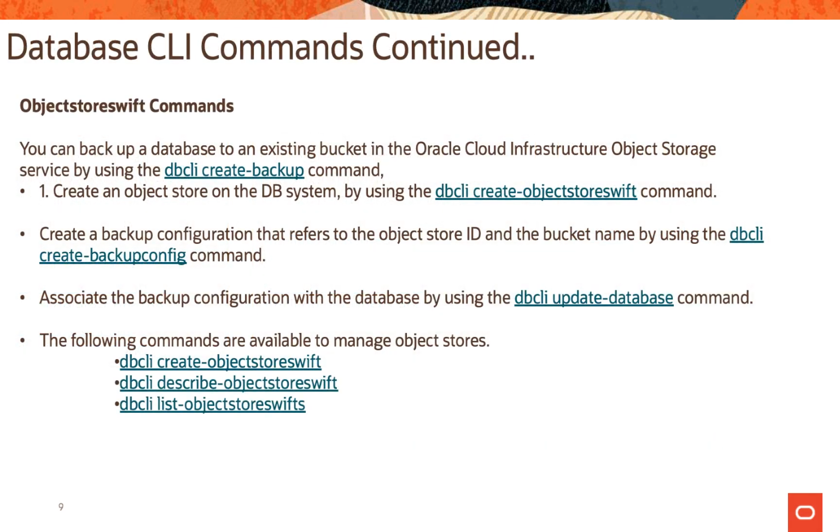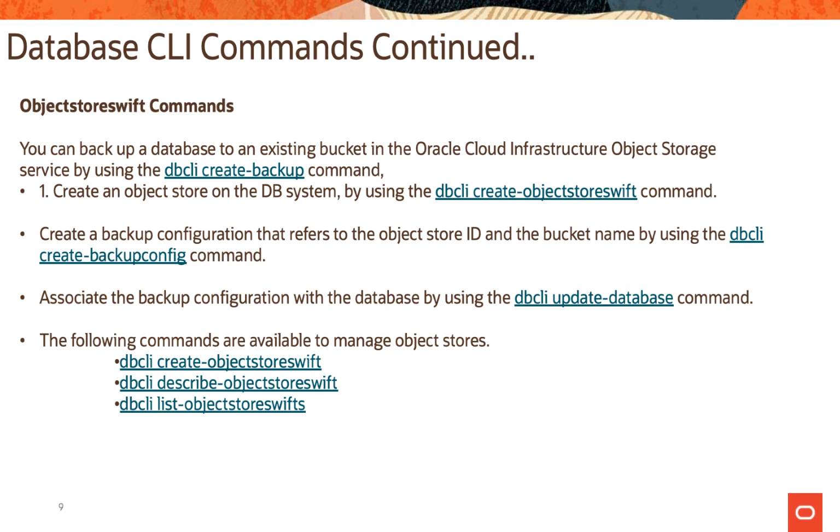Another important aspect here is to deal with object store swift commands. So you can back up a database to an existing bucket in OCI Object Storage, and you can use the DBCLI create backup command. The steps go like this: create an object store on the database system by using the DBCLI create objectstoreswift command, and then create a backup configuration that refers to that object store ID and the bucket name using the backup config command, and then associate the backup configuration with the database by using the DBCLI update database command.